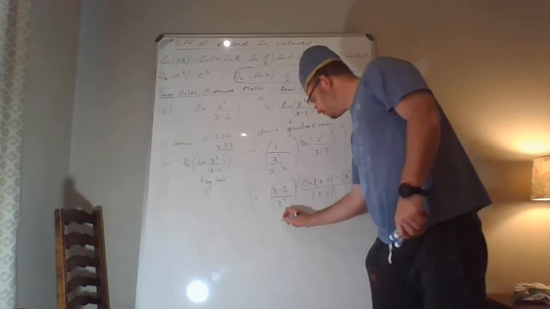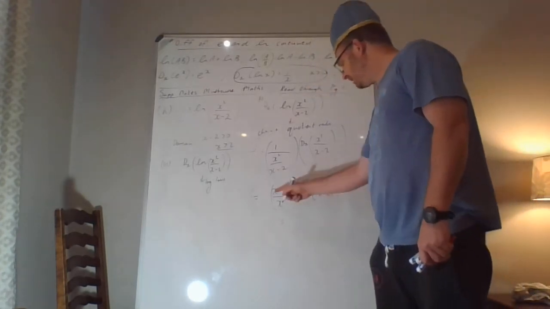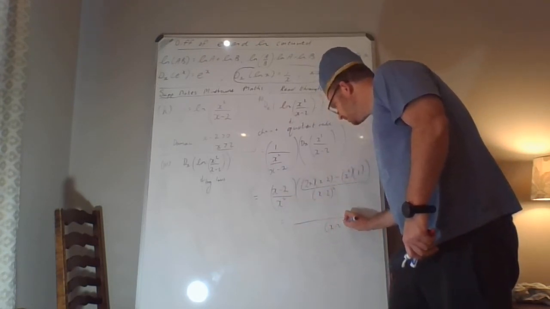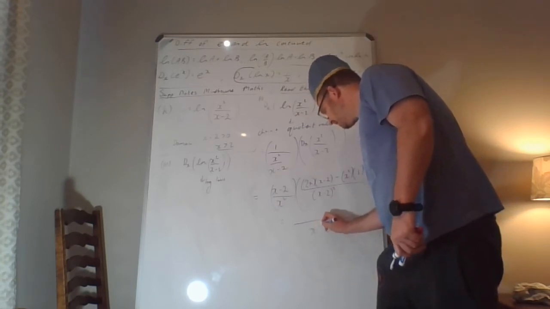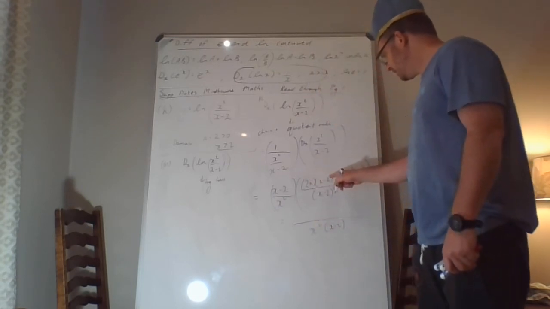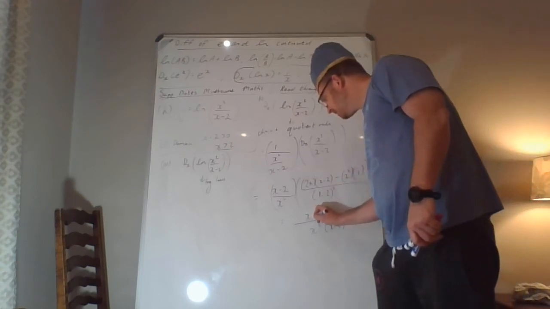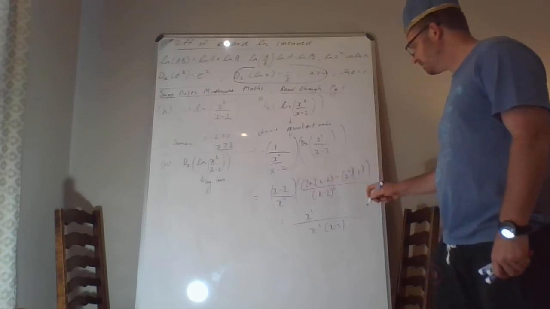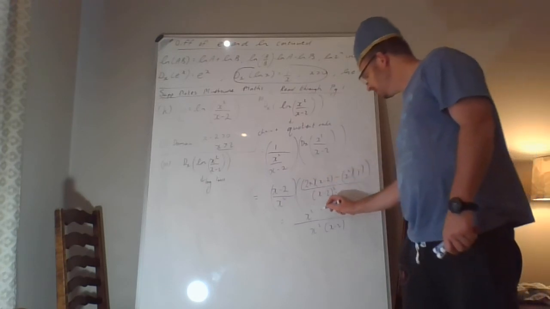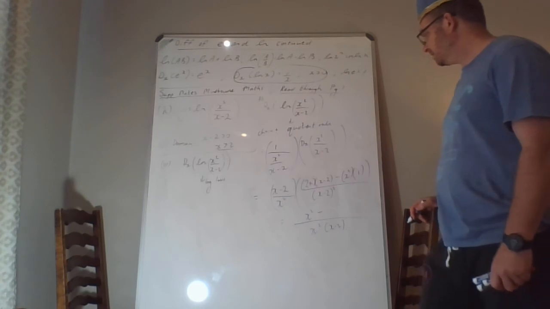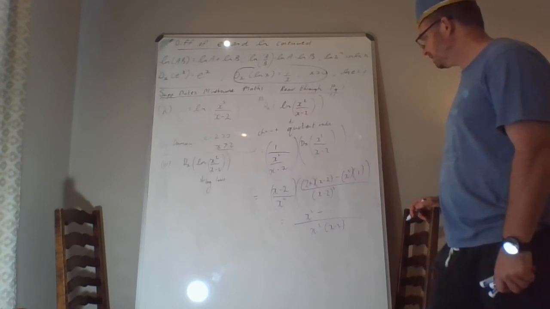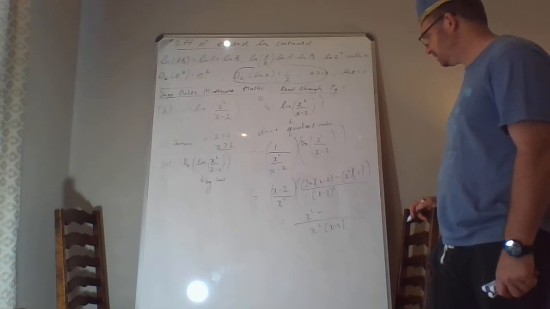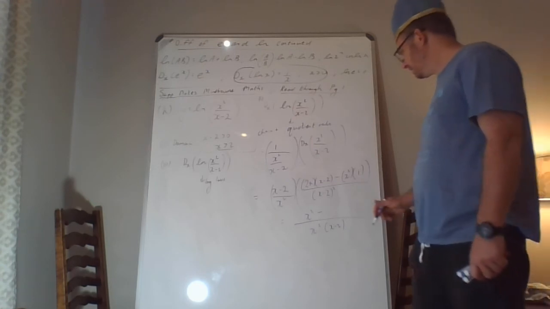Okay, and if you make that prettier, the x - 2 will cancel with the other x - 2, so you're left with just 1 over x - 2. Still got the x squared. And here we're going to have 2x squared minus x squared, which is x squared. Let's just check: 2x times x - 2 minus x squared times 1. So I get 2x squared minus x squared is x squared, minus 4x.